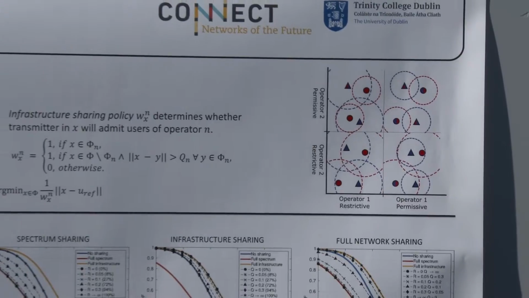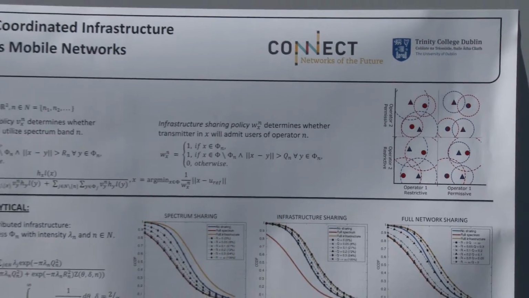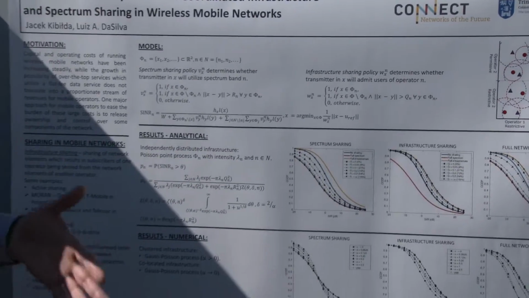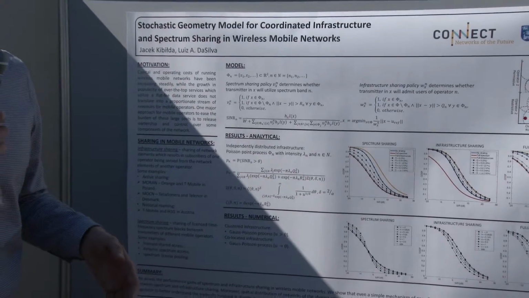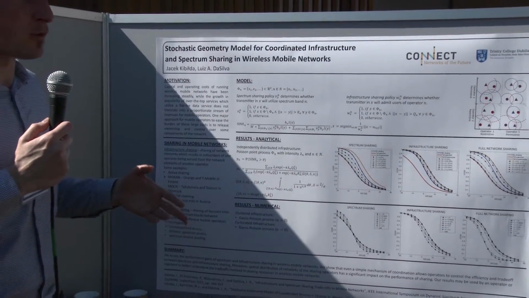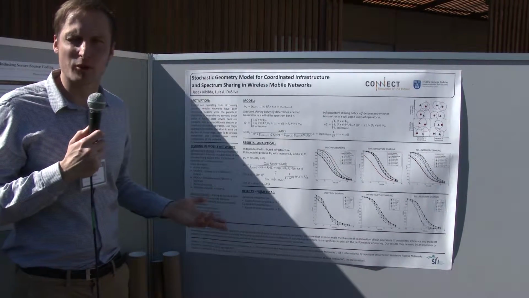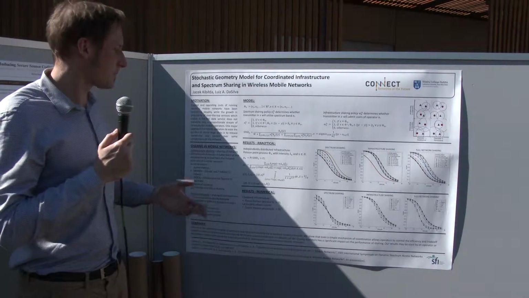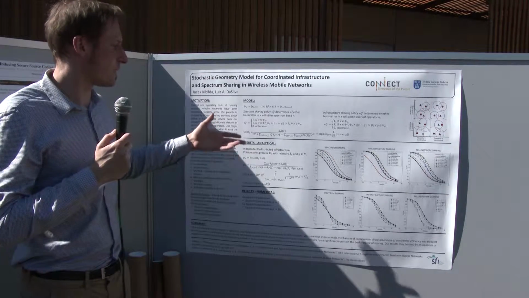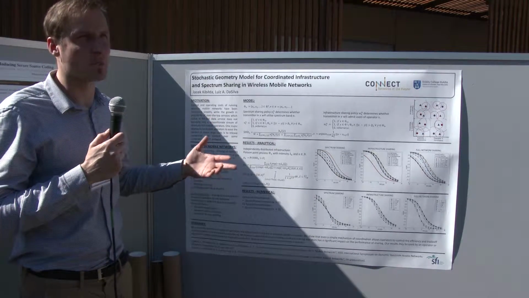Now, what we do in our work is that we look at the distributions of networks of different operators, and for essentially any processes other than the Poisson point process, the closed form of the interference is really intractable.